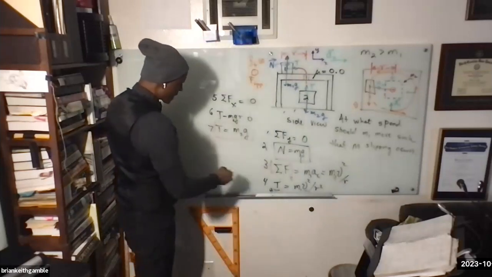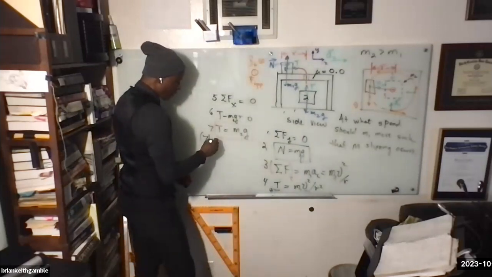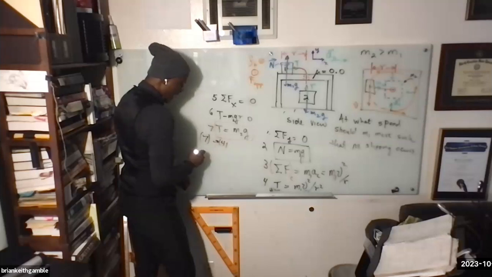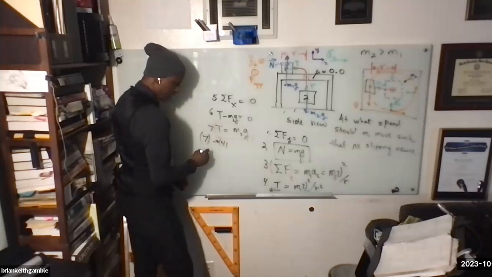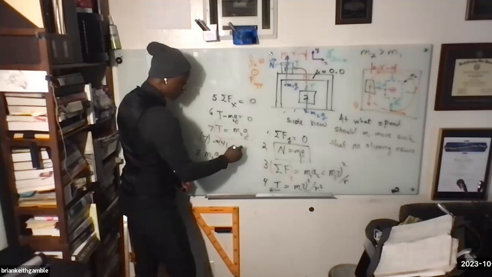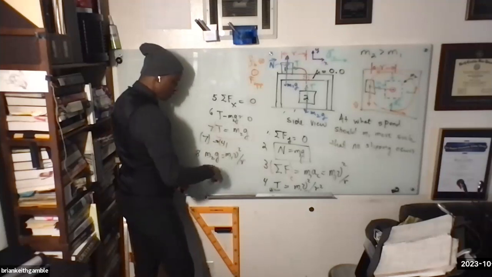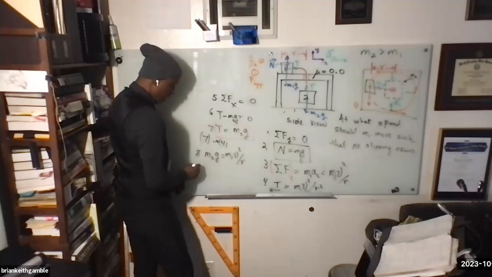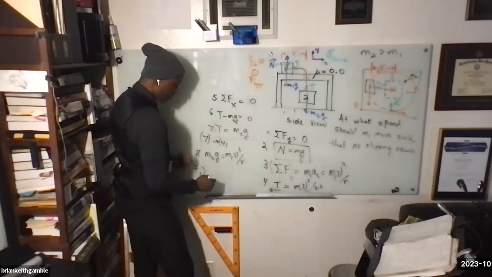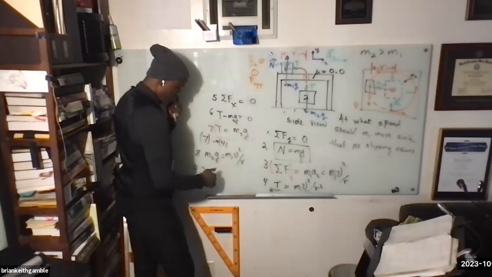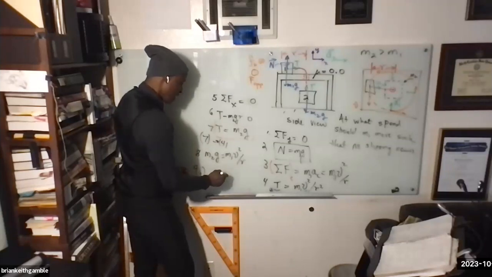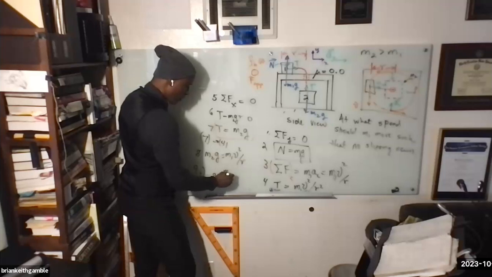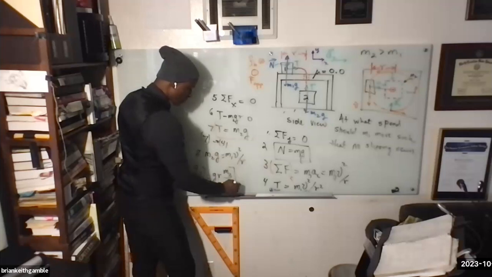So when I substitute 7 into 4, I get that m2g is equal to m1 v squared divided by r. Solving for v, I divide through by m1, so I'm going to have g times r, and then a ratio of m2 over m1, and then I just take the square root of all of that.